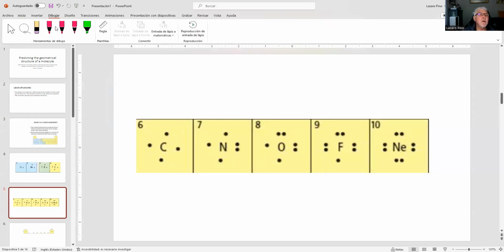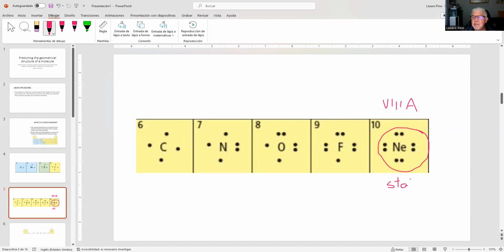Why do we call these elements in group 8 noble gases? Well, because they have 8 valence electrons in the outermost shell, and they have a stable configuration.